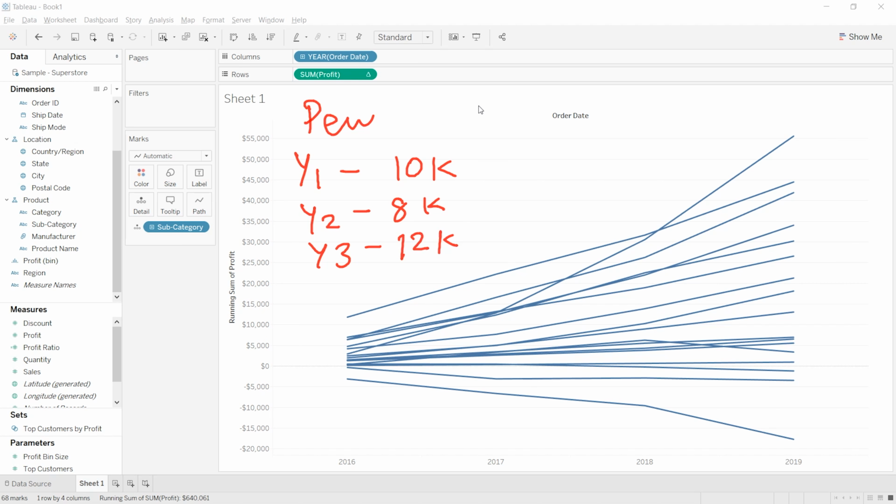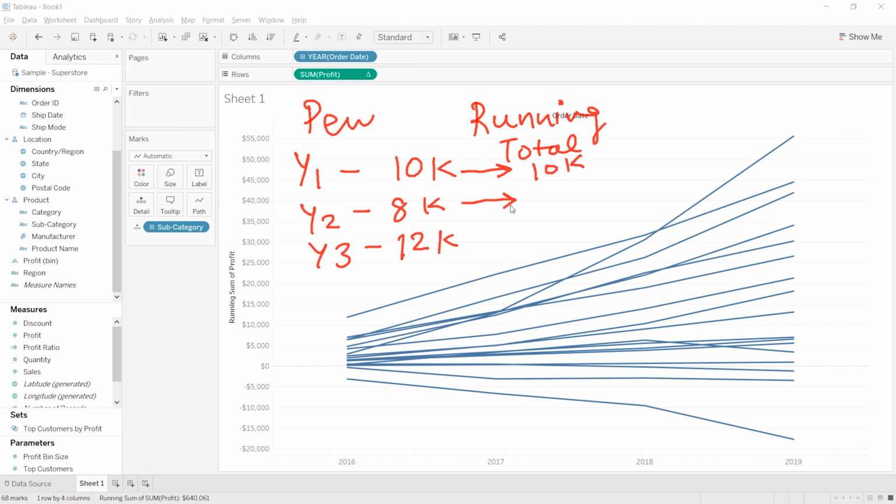Now if we talk about running total, let me just write it down for you guys. So running total for the first year would be the same, 10,000. It is always the same, so it is basically a cumulative value. So in the beginning, it's the same.